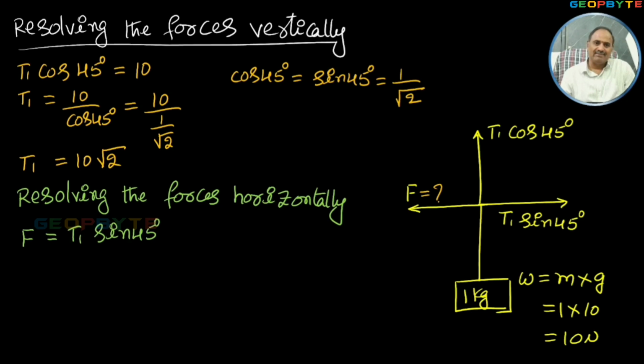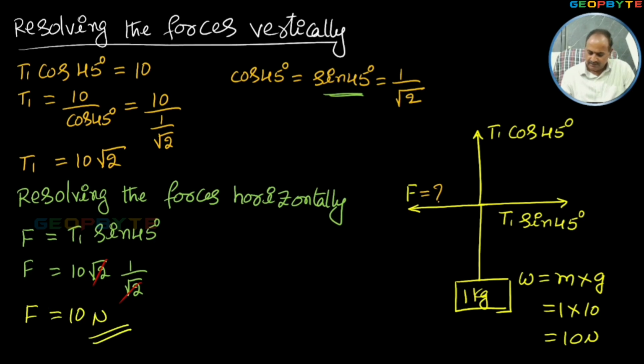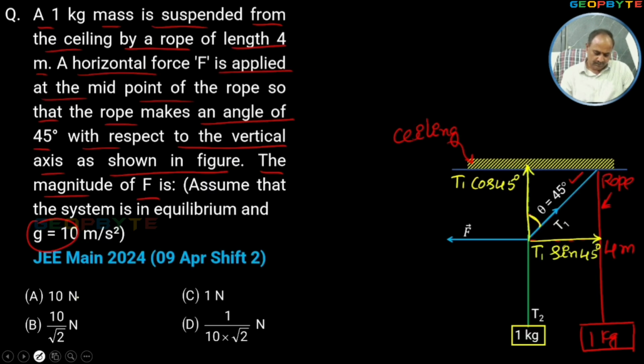That is the condition for equilibrium. Now F equals T1. The T1 value we got is 10 root 2. Sin 45 is also equal to 1 by root 2. This root 2 part is cancelling. Finally, the force F equals 10 newtons. That is the horizontal force. Look at the options. 10 newtons, option A itself is absolutely correct.